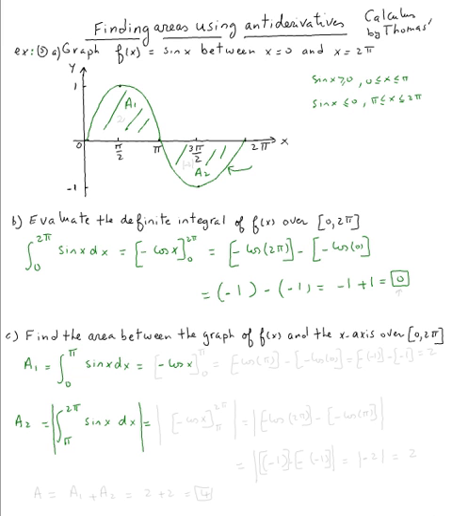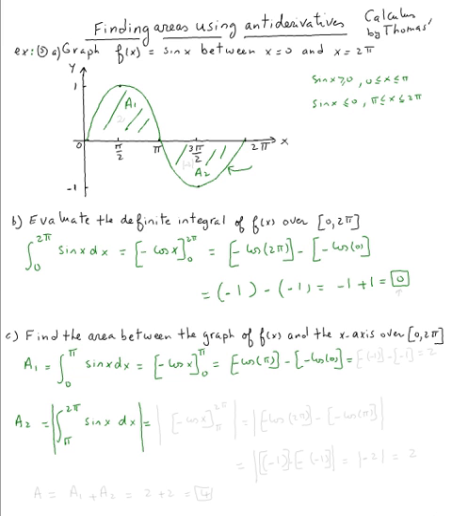So A1 will be equal to minus cosine of x between 0 and pi, which is equal to, plug in pi, minus cosine of pi, and then minus cosine of 0.